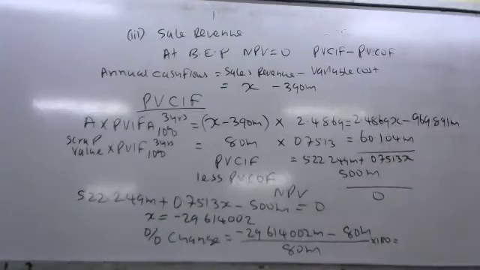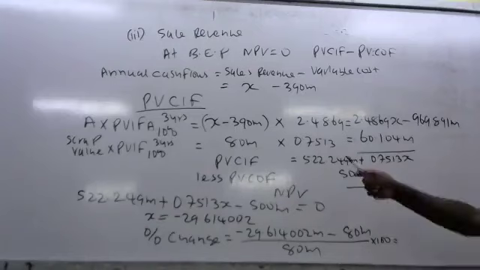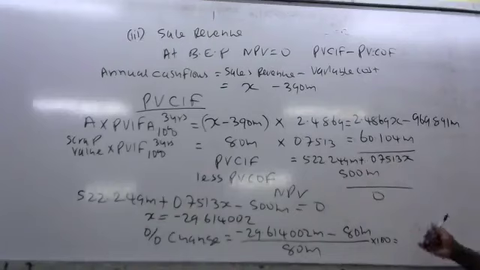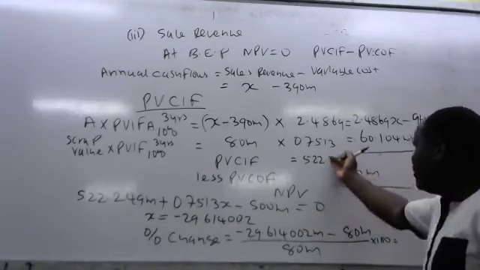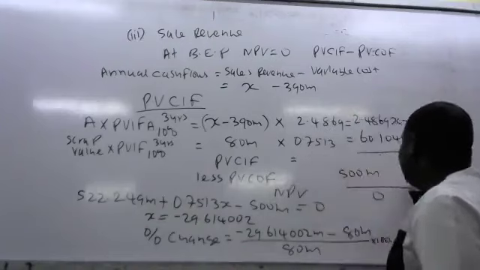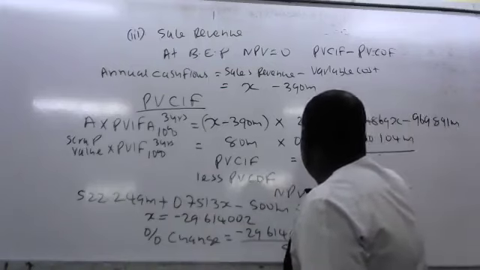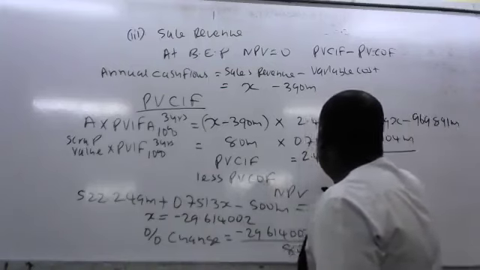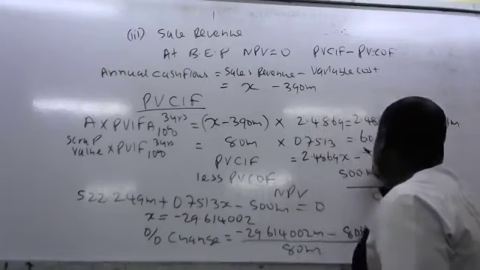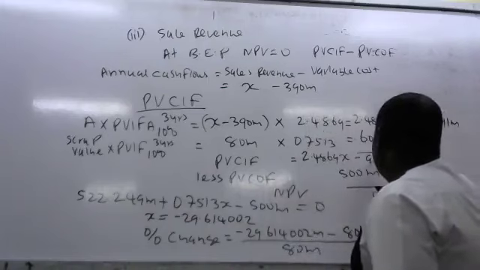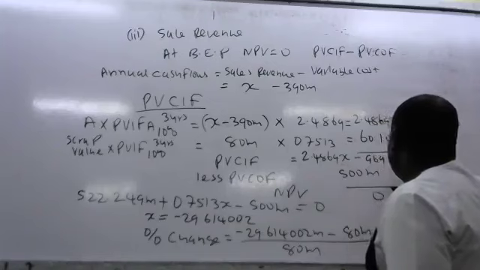Now, what we have only changed is that revenue to be X. These others, they go back to where they were initially. So finally, this will now be 2.4869x minus 969.891.